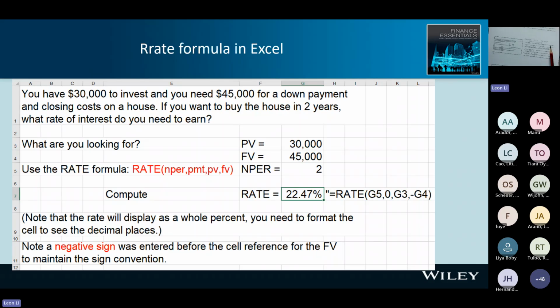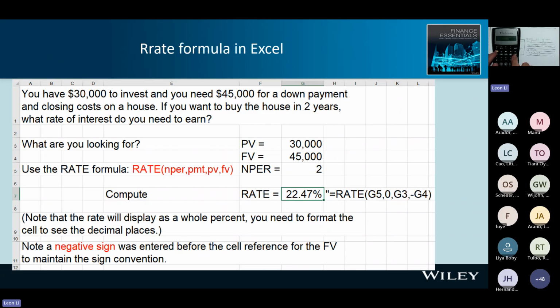So again, in addition to Excel, you can also do the calculation by financial calculator. All right. So let me show you one more time. So it's not a problem. Before you use the financial calculator, clear the data.